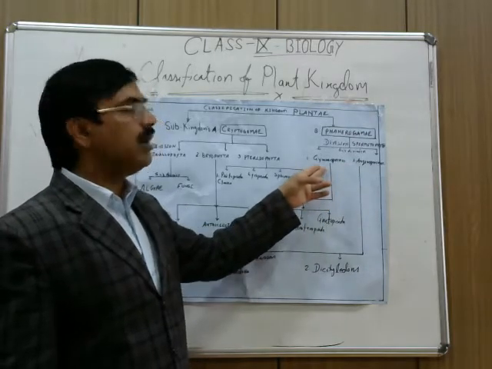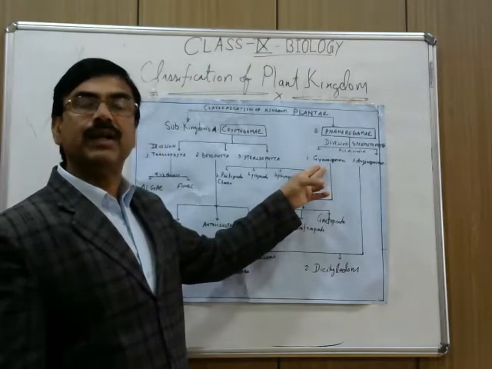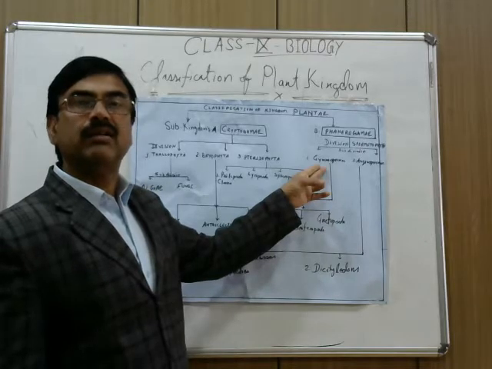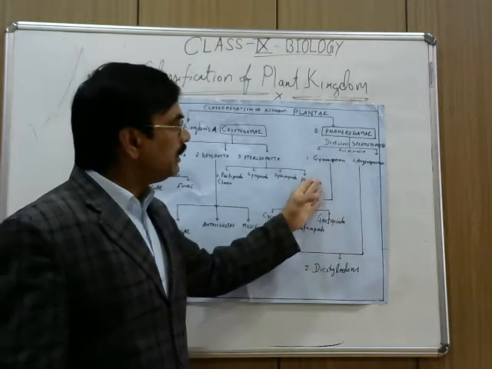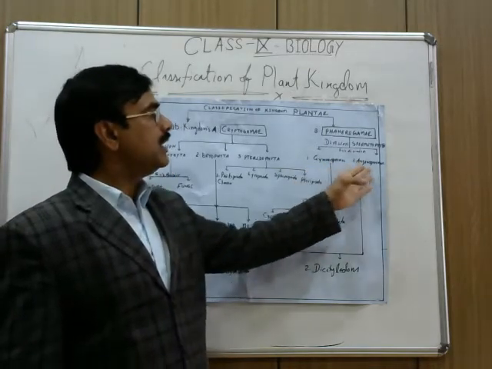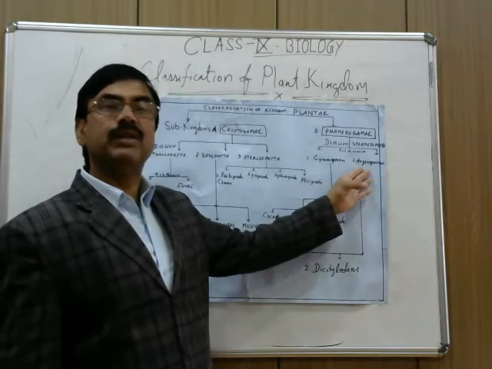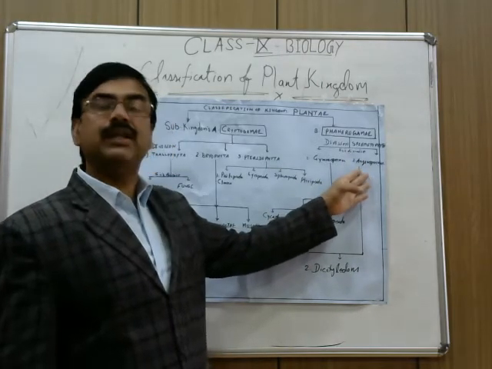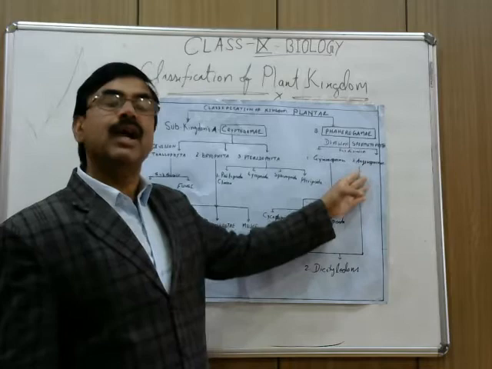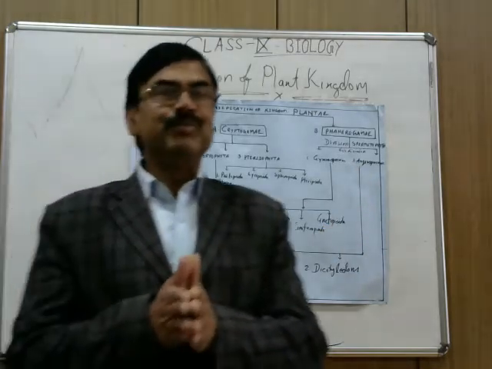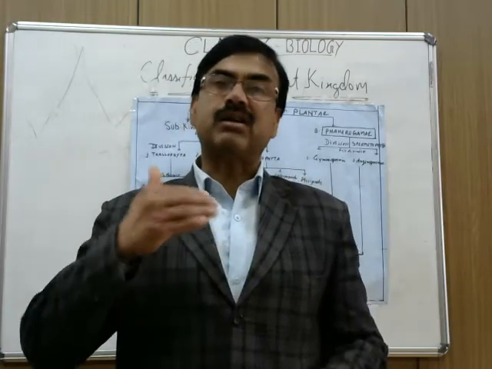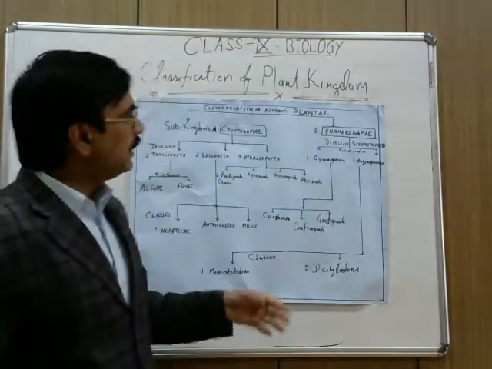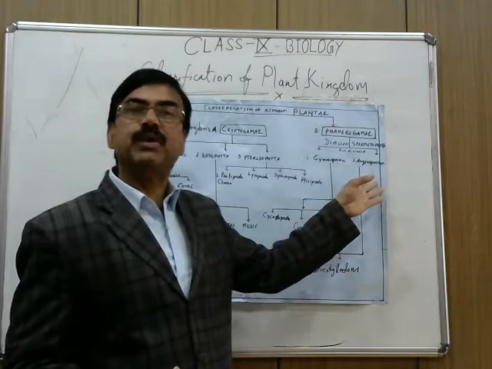In gymnosperms the seeds are without a seed coat, and that is why they are called gymnosperms. Gymnos means naked and sperm means seed. On the other hand, the most developed plants are kept in the angiosperm category, and angiosperm means the seed coat is present, seeds are covered, and that is why they are called angiosperms.